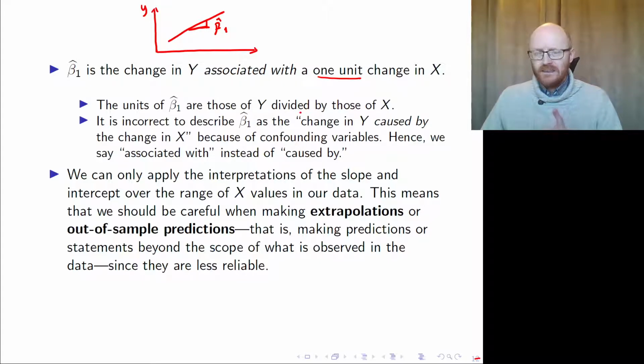But you have to realize that this is just a mathematical association. It's not causality in itself, because you could easily just rename these variables.